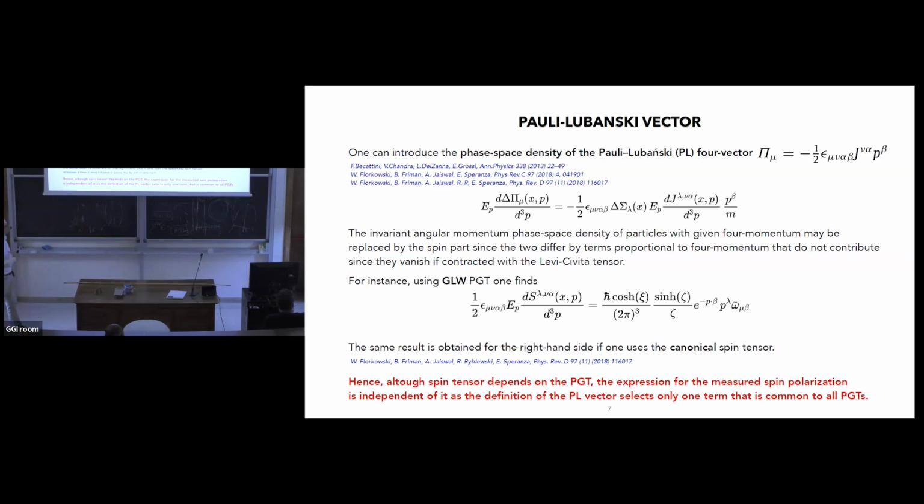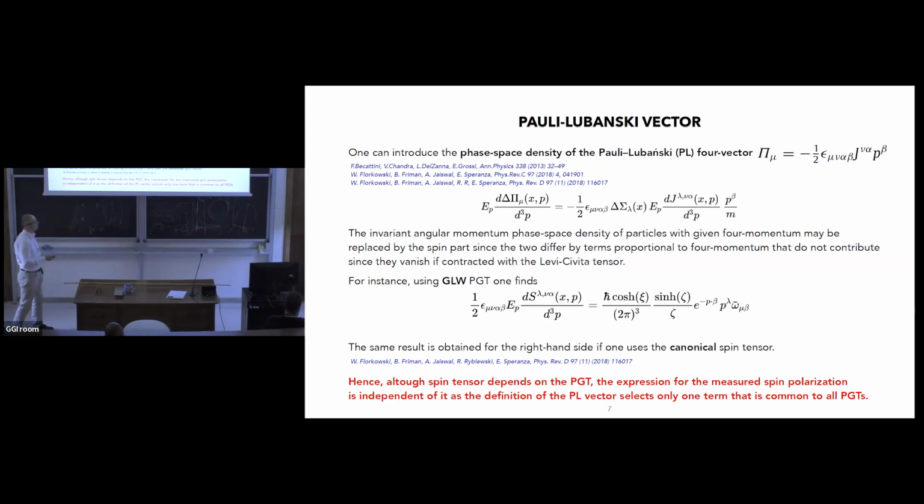The conclusion from this would be that maybe at the level of the Pauli-Lubański vector, which provides you the distribution of spin, it will not actually matter which kind of pseudo gauge you plug into this expression.